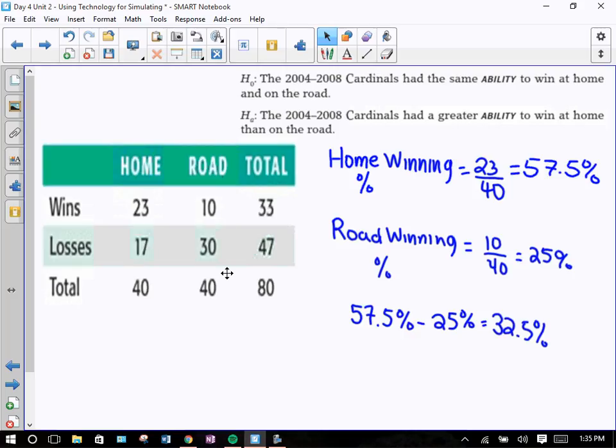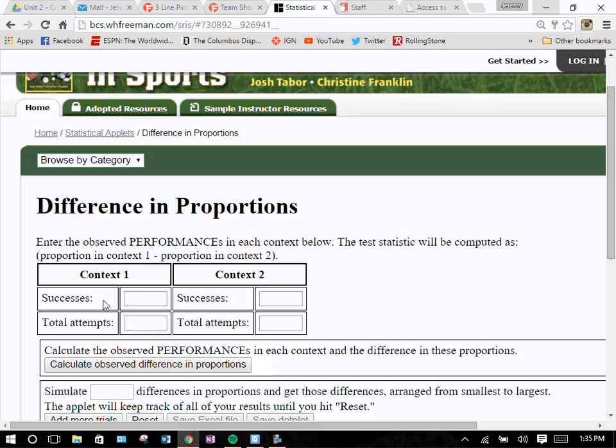Road is going to be our context 2. So it says successes, right? You guys all are looking at this on your screen now. In football, and in this situation, a success is what? Wins, right? So successes are wins. So in context 1, how many home wins did they have? So type in 23 there.